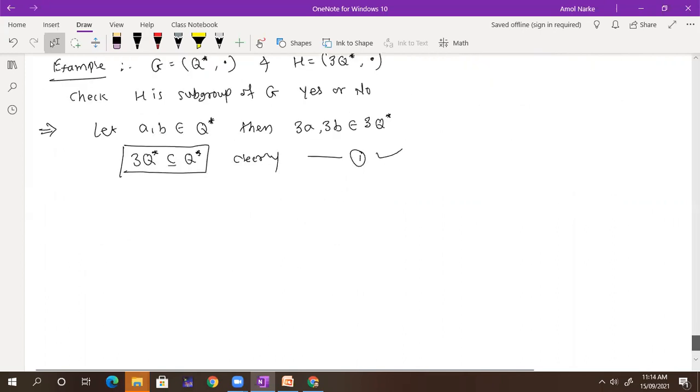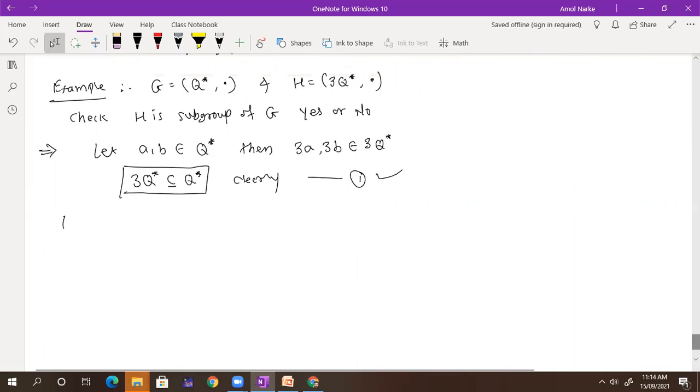Let 3a and 3b belong to 3q star. Now what is 3a into 3b inverse? We need to check what the inverse of 3b is.